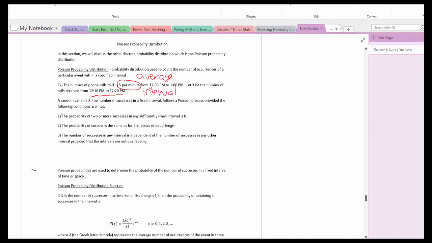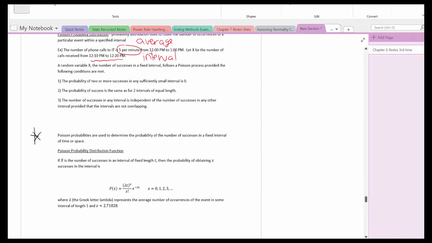Okay, I've listed out the conditions that are needed in order to have a Poisson process. Now, Poisson probabilities are used to determine the probability of the number of successes in a fixed interval of time or space.